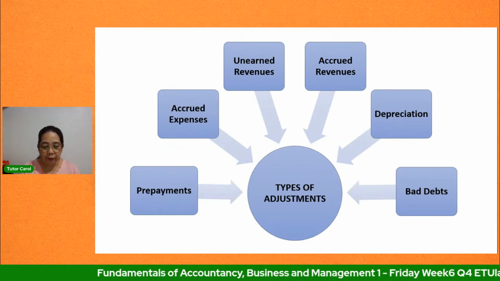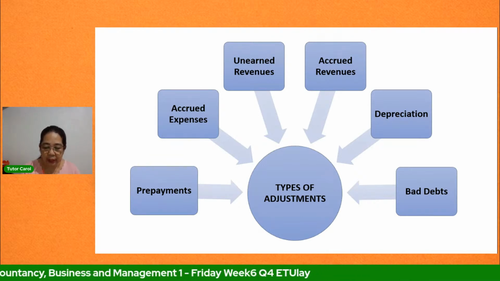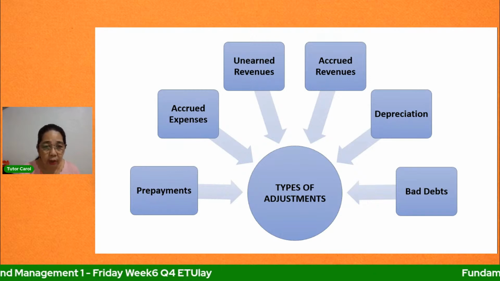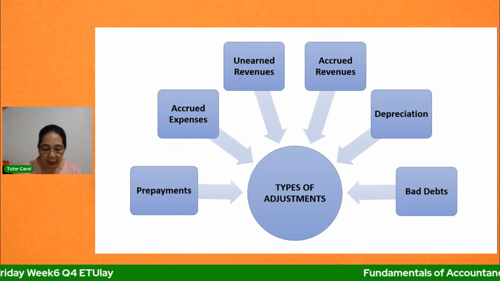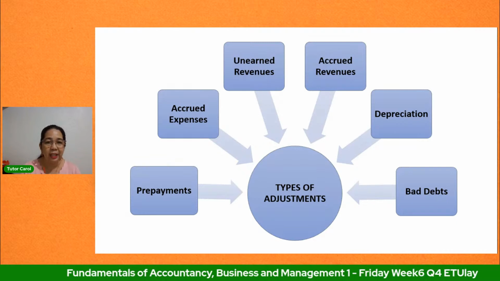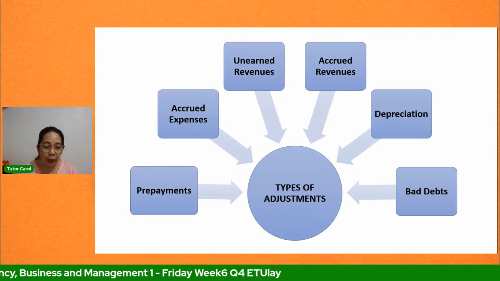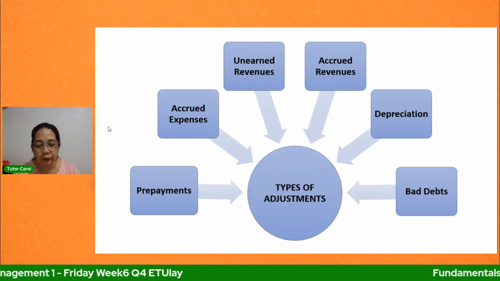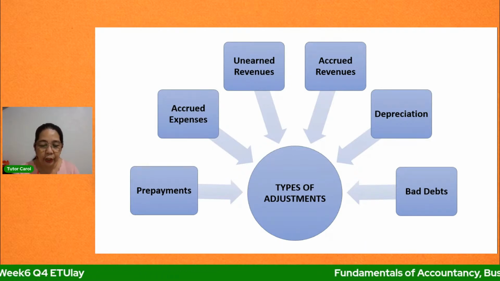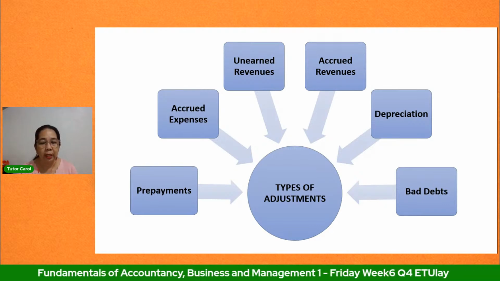Unearned revenues are income already received by the company but not yet earned, so these are advanced collections of payments. There are 2 methods, liability and income methods. Accrued revenues are income already earned by the company but not yet collected. Receivable naman siya sa part ng business.